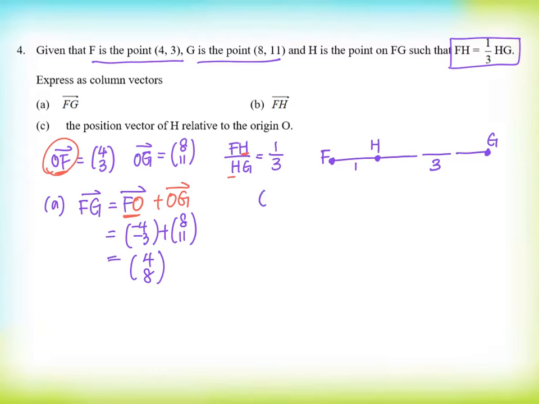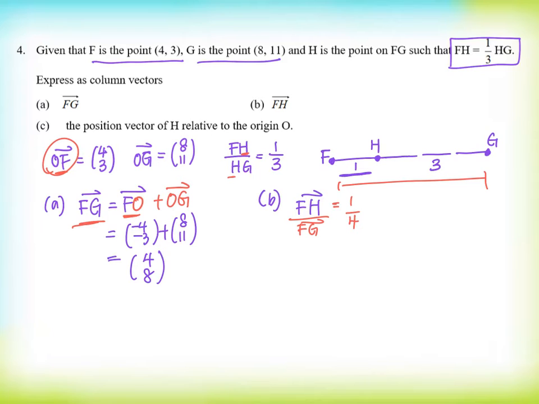Next, let's find what is FH. F to H is 1 unit, but I only know the vector FG. So how much is FH out of FG? FH is 1 unit, but FG will be 4 units.